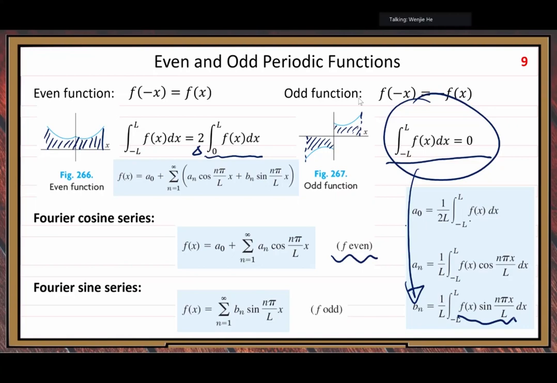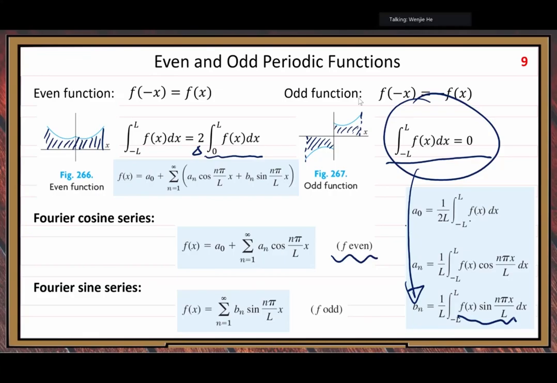Then all the a_n are 0, because the cosine function is even, and odd times even is still odd. The integral from negative L to L must be 0. So all a_n are also 0. So only b_n could be non-zero.